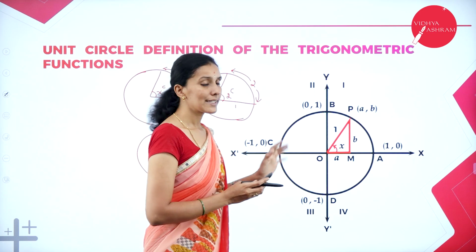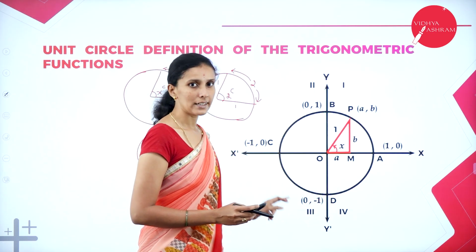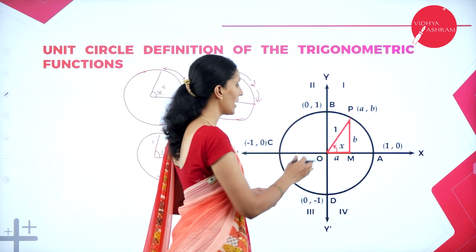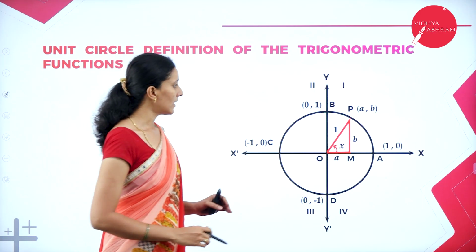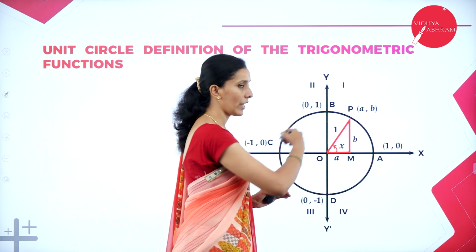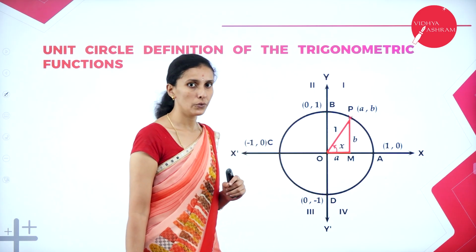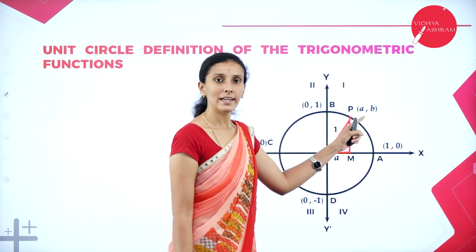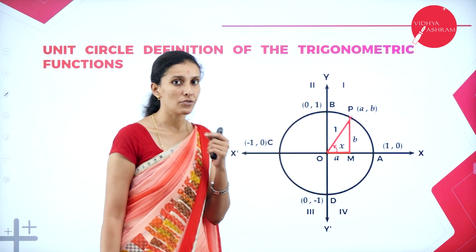That's why we are studying the concept of all these trigonometric ratios inside a unit circle whose radius is equal to 1 unit. Now, consider the unit circle here whose radius is 1 unit. I have taken the point P on the unit circle whose coordinates are a comma b, that is, the distance from the x axis as well as the distance from the y axis.